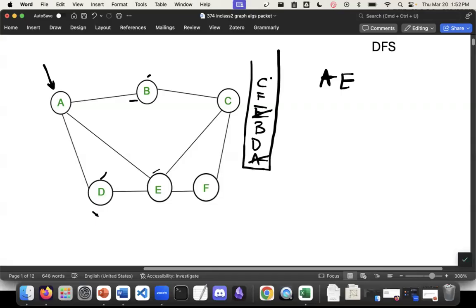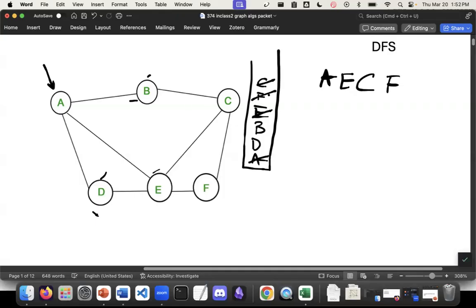So next up is C. And out of all the neighbors, we've already got all of them either over here or in the stack. So there's nothing else to add. And that's the case for all the rest of them as well. So C is done. Then F is also done.